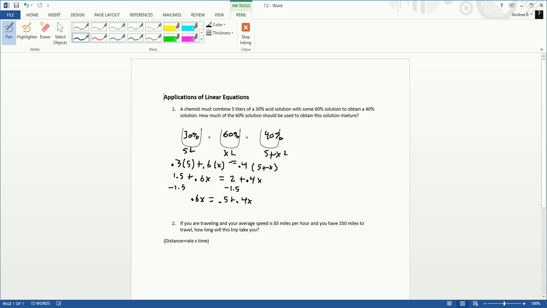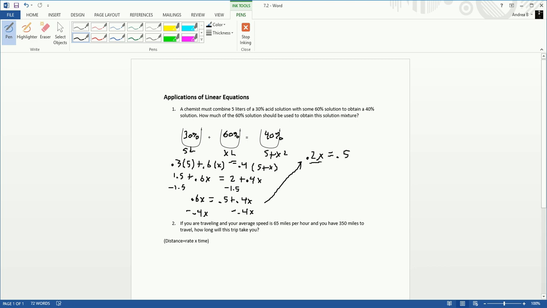Then subtract the 0.4x from both sides of the equation. So then we'd have 0.2x is equal to 0.5.